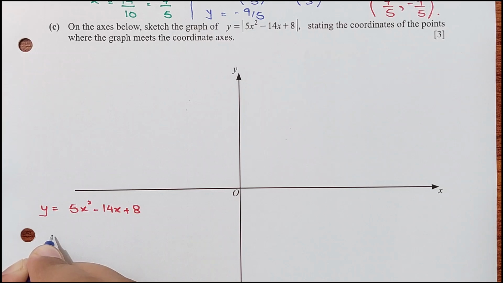When x equals 0, the y value is 8. The y-intercept is 8. And when y equals 0, we have 5x square minus 14x plus 8 equal to 0.